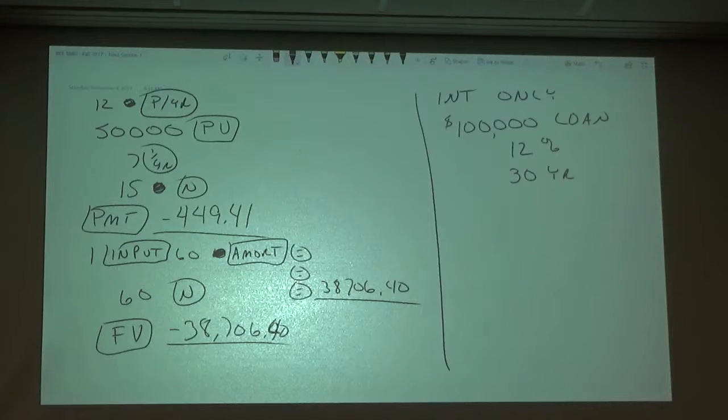All you're doing is taking the $100,000, multiplying it by 12% divided by 12, and that gives you $1,000, or $12,000 a year. Everybody cool with that? Interest only, very straightforward.